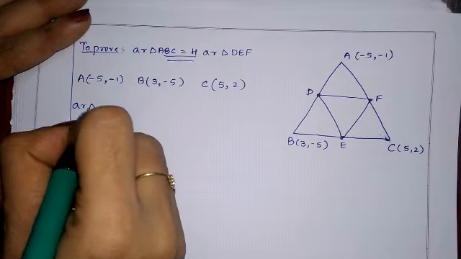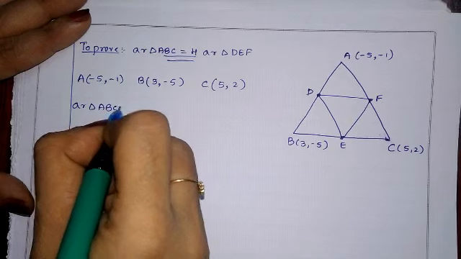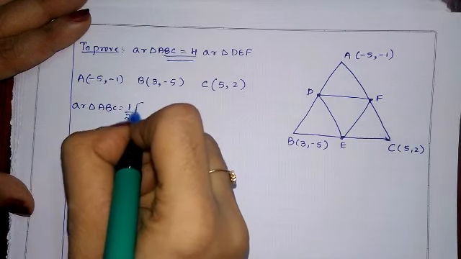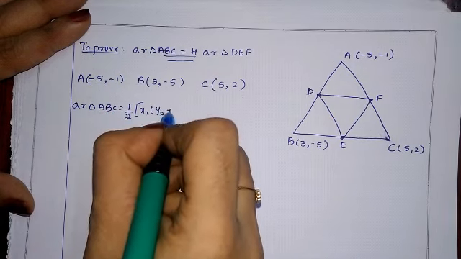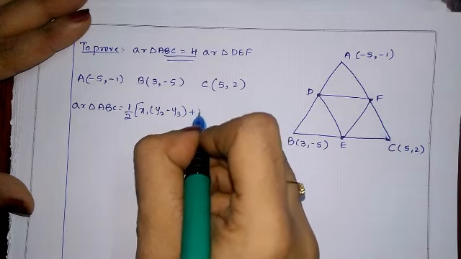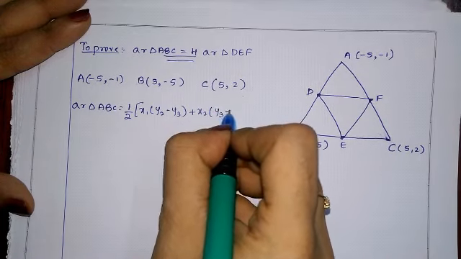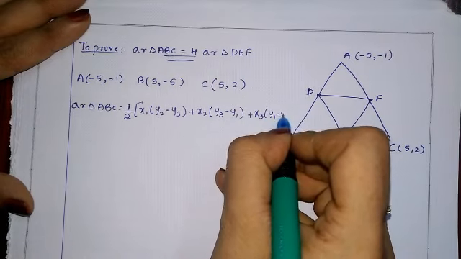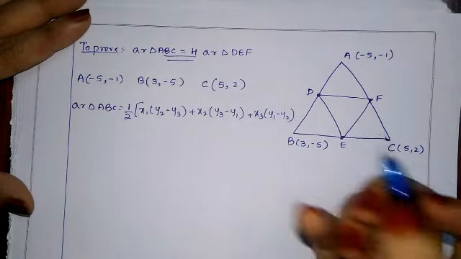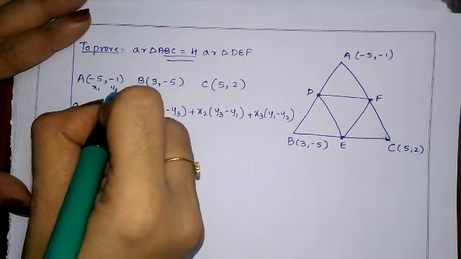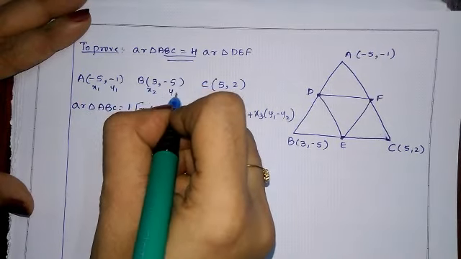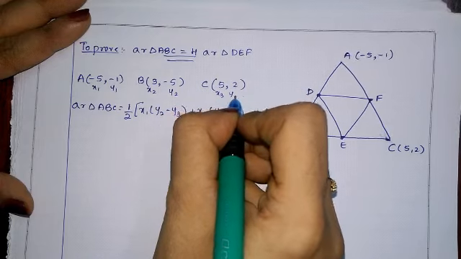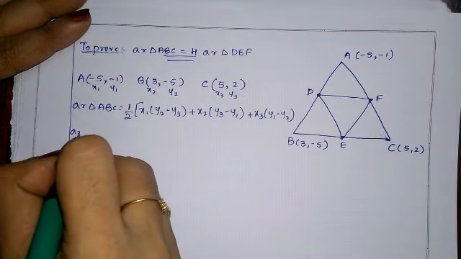Let us find the area of triangle ABC. We know the formula: half of x1(y2 minus y3) plus x2(y3 minus y1) plus x3(y1 minus y2). First point is x1 y1, second point is x2 y2 and third point is x3 y3.